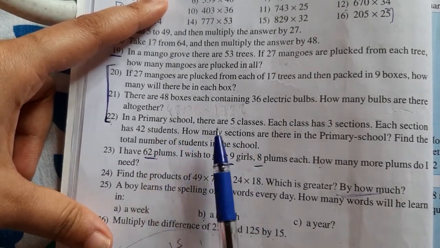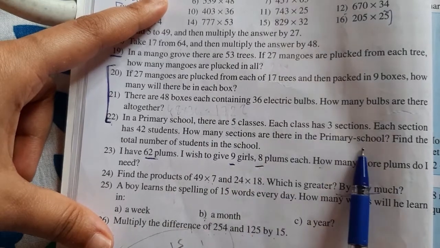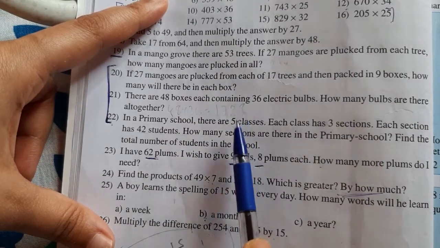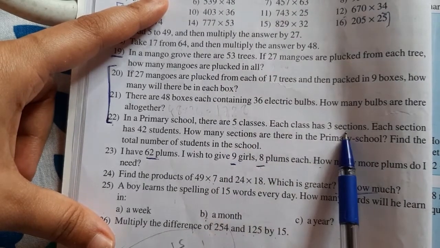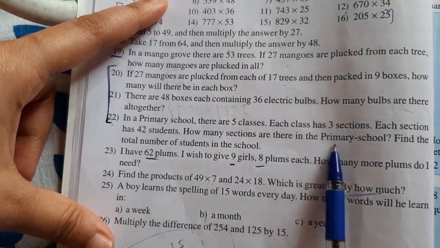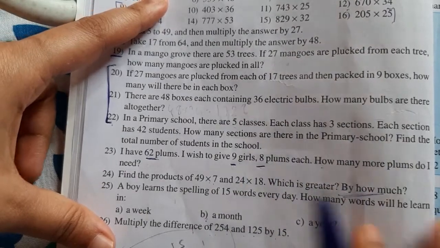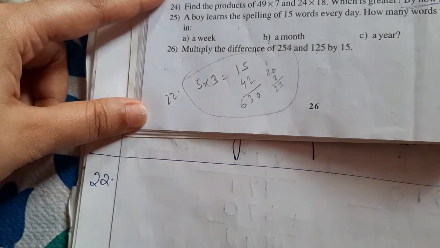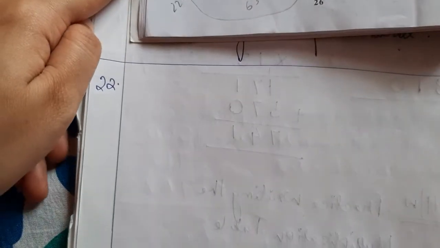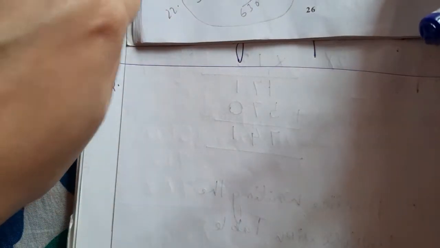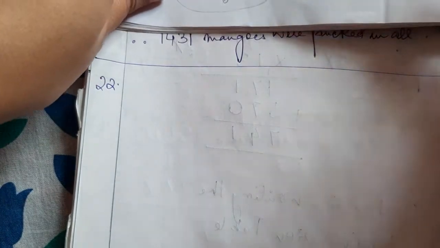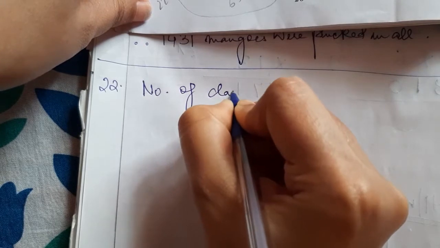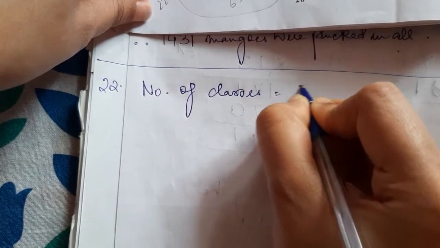So first we have to find out how many sections are there altogether. Alright, there are 5 classes and in each class there are 3 sections. So what will be the answer of how many sections? Let's find out. Question number 22. For the statement, first of all, number of classes is equal to 5.